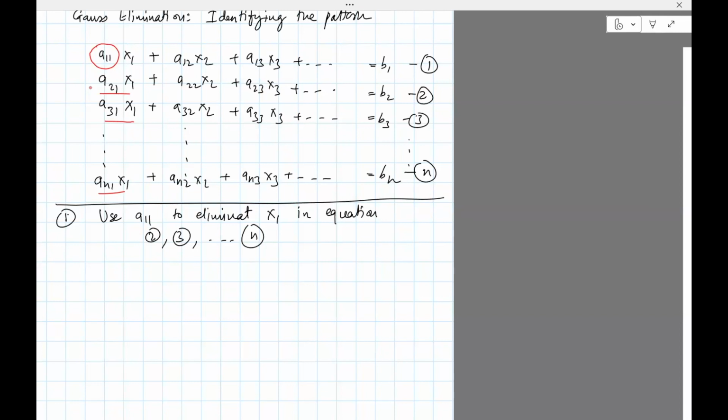For that, clearly you will take the first equation, divide it by a11 so you have 1 there, and then multiply with a21, so something like a21/a11 times equation 1, so equation 2 minus that, equation 3 minus a31/a11 times equation 1, and so on till equation n.